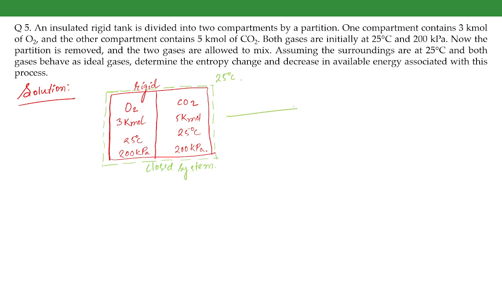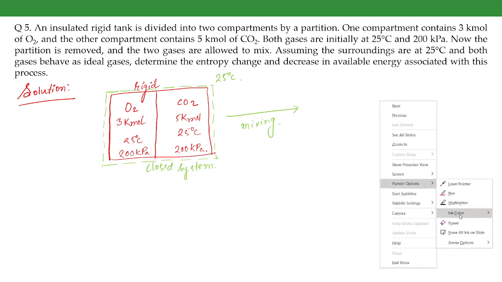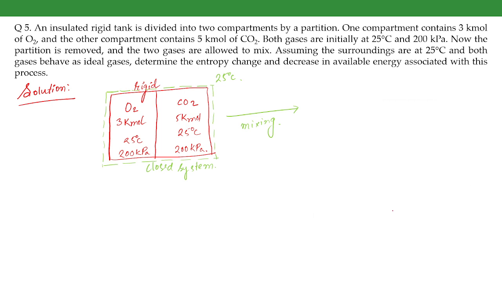Okay, now there is mixing of the two gases, and finally this is a mixture. Let Tm be the temperature of the mixture and Pm be the pressure of the mixture.